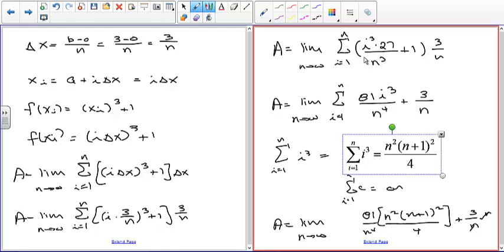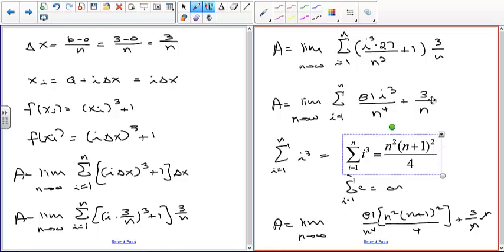Then 3 cubed is 27, i cubed over n cubed, plus 1 times 3 over n, okay. Then 3 times 27 is 81, i cubed over n to the fourth, plus 3 over n, that looks right. Then we take 3 times 27, get 81 over n to the fourth. Write out the summation of i cubed, which is n squared times n plus 1 squared over 4. Plus 3n.